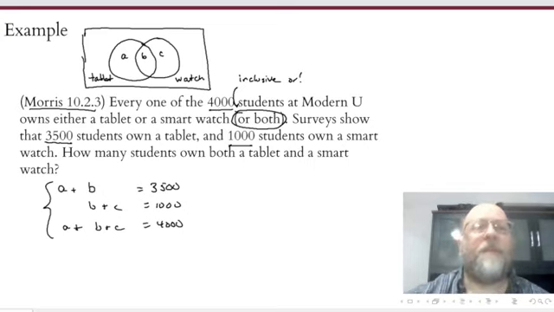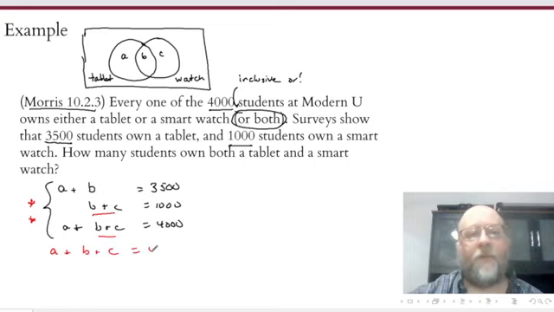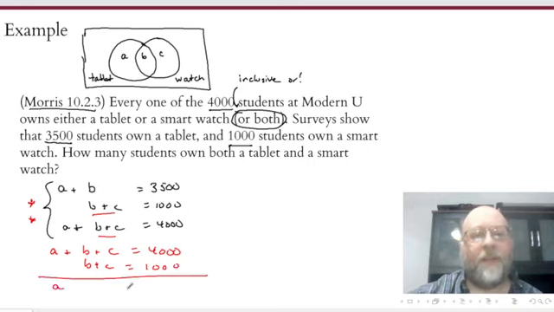But I think the easy way to proceed is to recognize that the second and the third equations both have a B plus C in them. And so if we subtract them, A plus B plus C equals 4,000, B plus C equals 1,000, and subtract, we just get A equals 3,000.